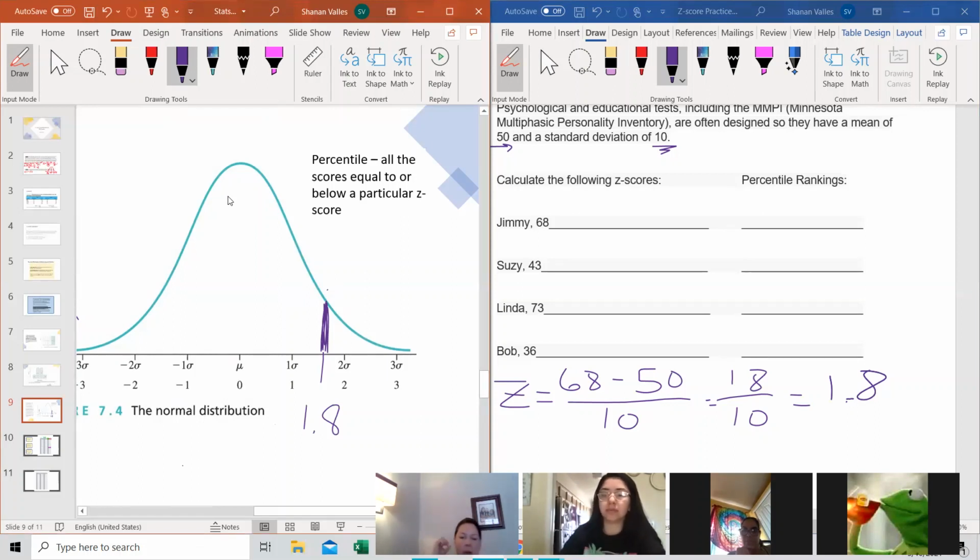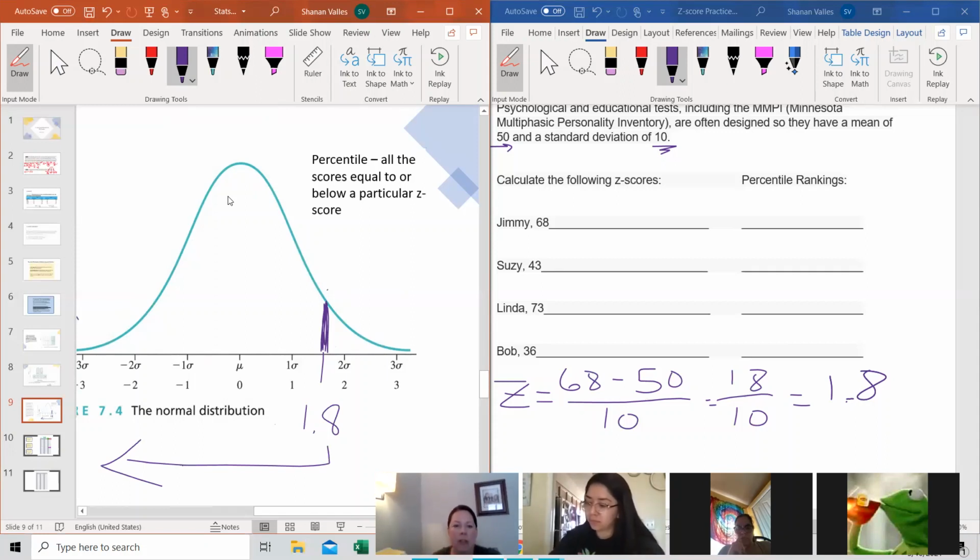All right, now let's visualize. Percentile is everybody at and below. So we need everybody that's equal to him and below.